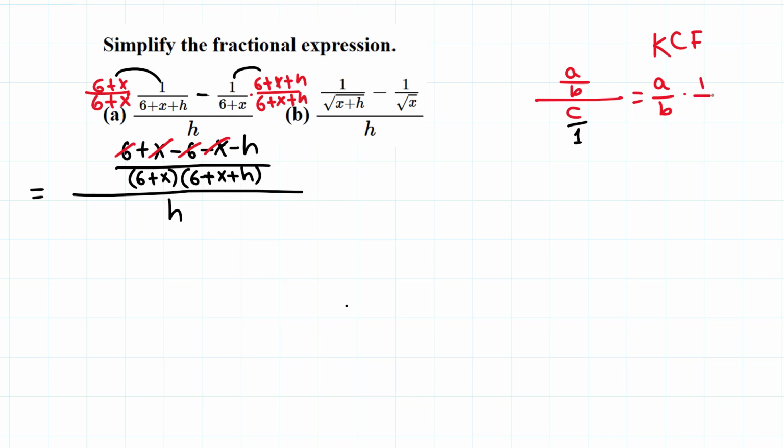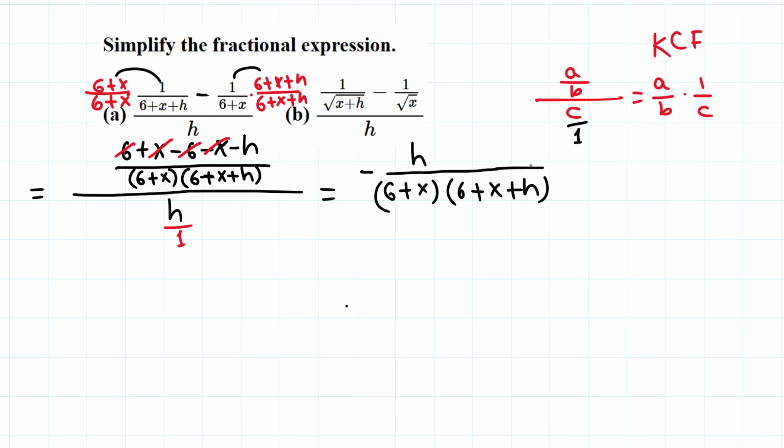This c over 1 becomes 1 over c. So here we have h, think h over 1. This one is on the top, everything cancels except negative h. Negative means we can pull the negative to the front, h over these two factors, 6 plus x and 6 plus x plus h.